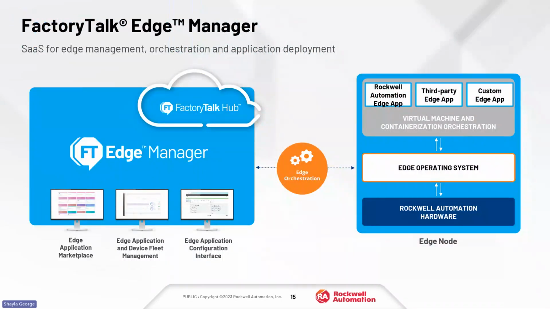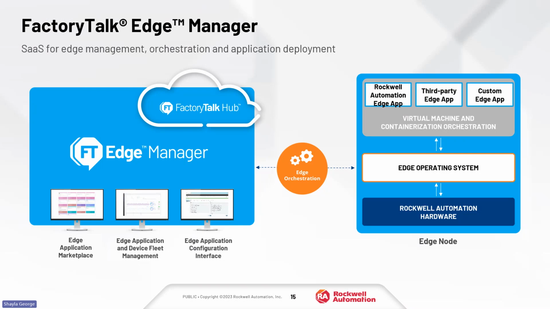To get an idea of what a FactoryTalk Edge Manager solution might look like: from the cloud, inside of FactoryTalk Hub, this is where FactoryTalk Edge Manager sits. Inside of FactoryTalk Edge Manager, this is where you would be doing that fleet management, provisioning and onboarding of those edge devices, as well as deploying any type of edge applications.